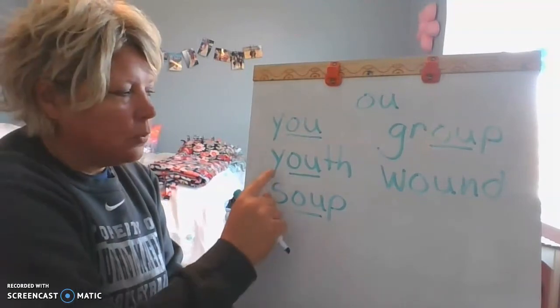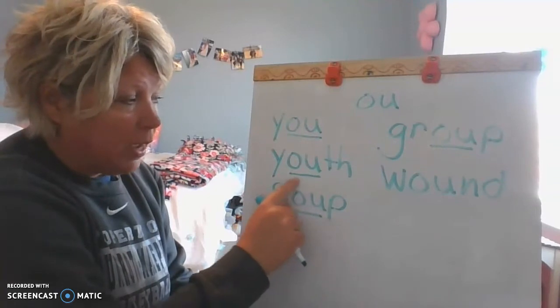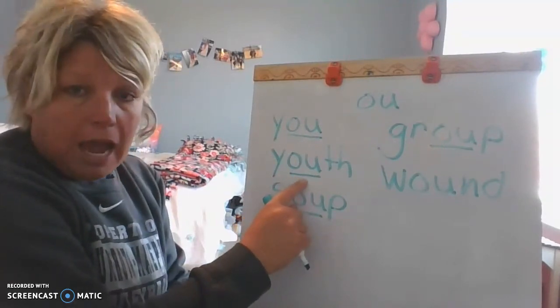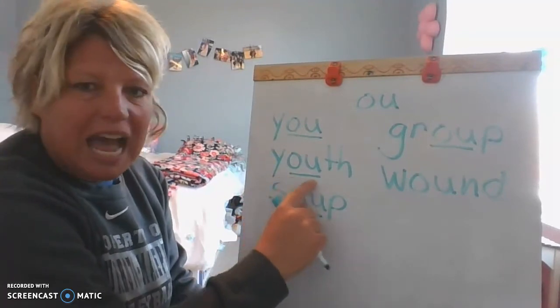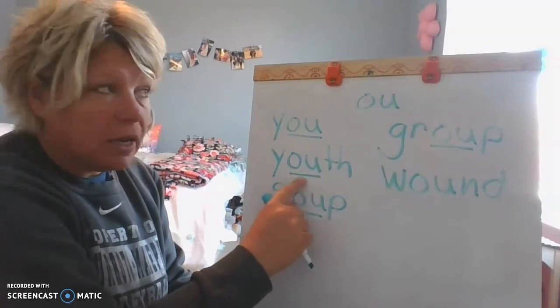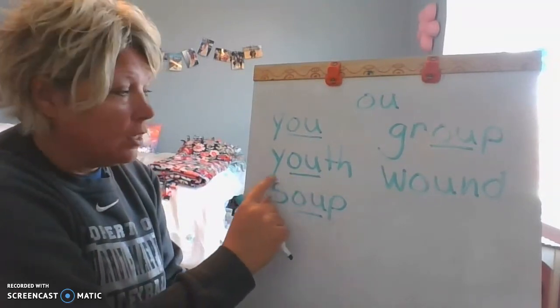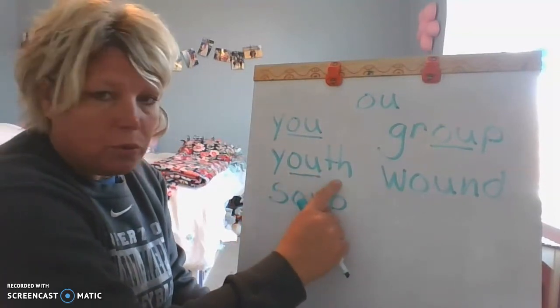So when we come to a word and we try it the most common way, the ow sound, yow-th. I've never heard of yow-th. That doesn't sound right. So I'm going to try the OU's other sound, which is ooh, yooth. Yeah, that's right, youth.